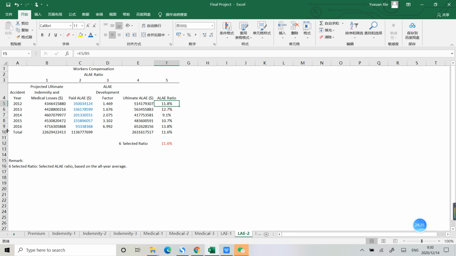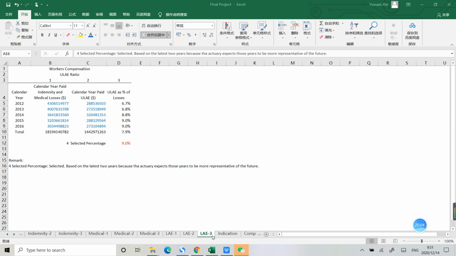The last row of column 1, column 2, and column 4 is the sum of this column, but the last row of column 5 is equal to 11.6%, which is the selected ratio we can see in column 6, because it is based on the all-year average, so it is the average ratio.